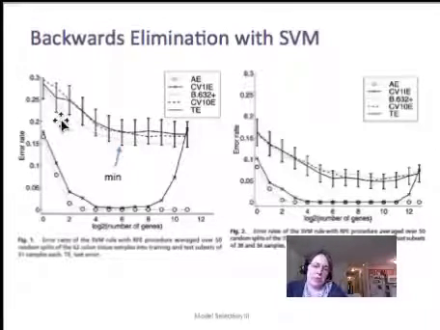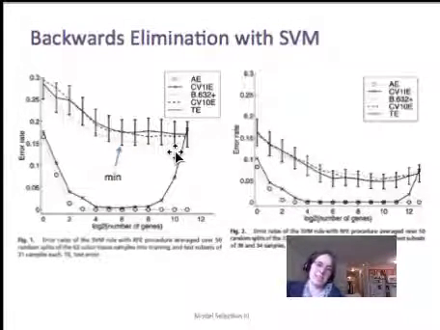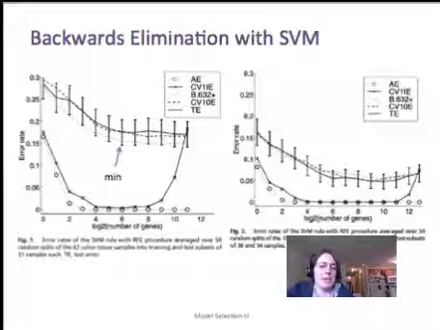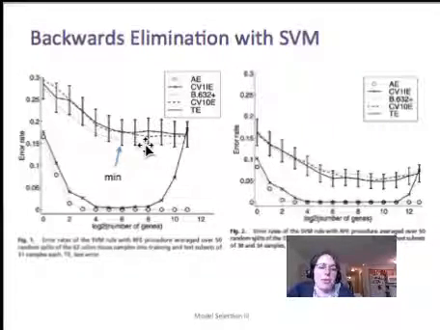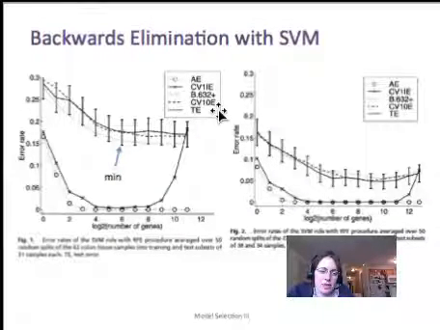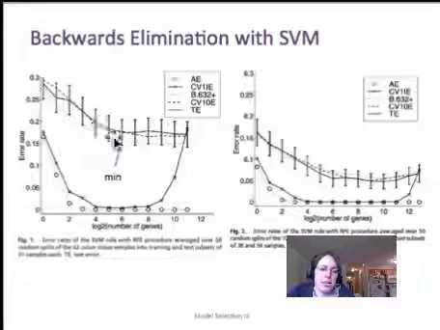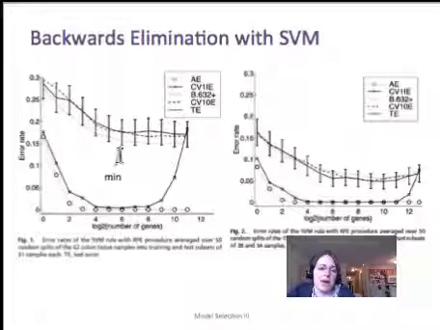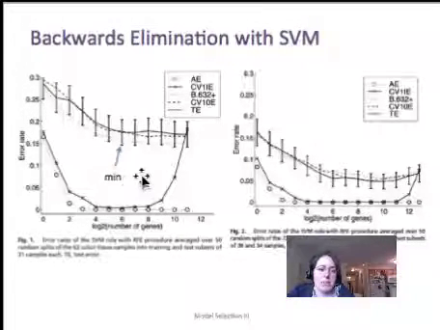The bootstrap seems to be a little bit biased in this case. And they do a little bit of discussion upon why. And the CV, the tenfold cross-validation seems to do a little bit better, but there still is some bias here. And this is the model that you would come out with for this one.